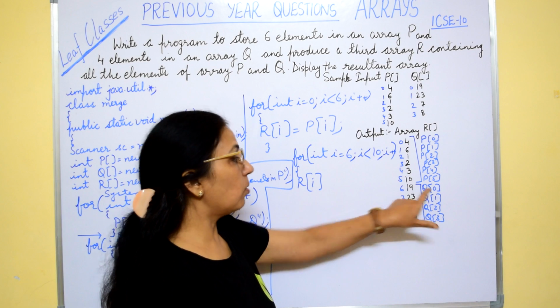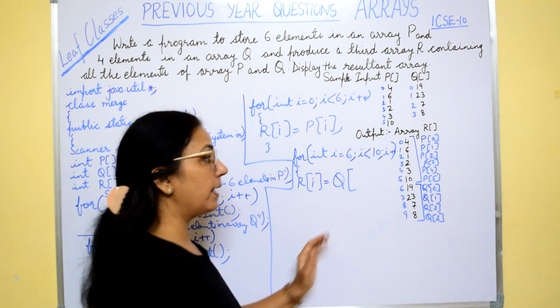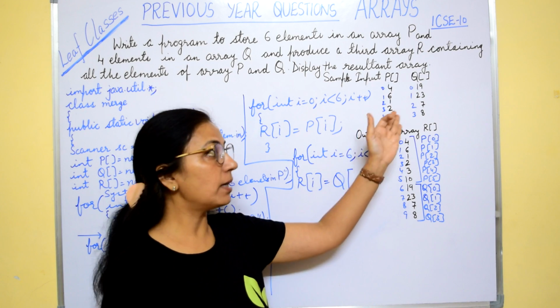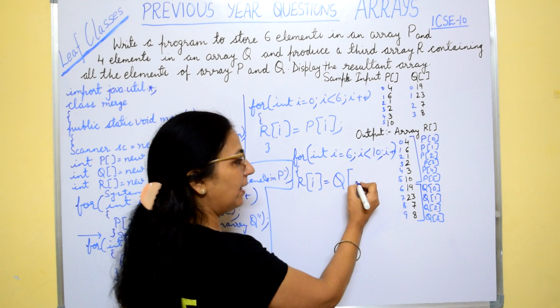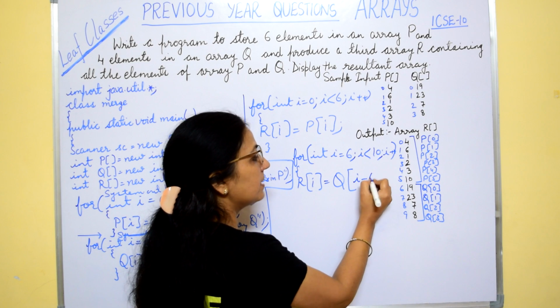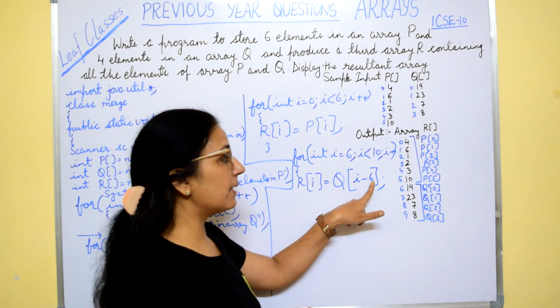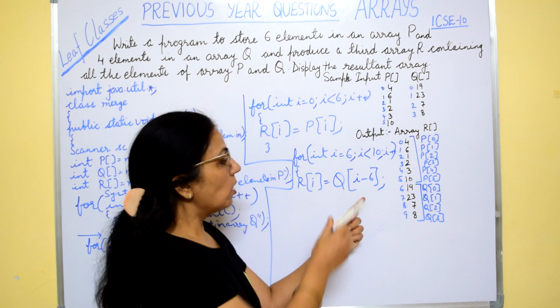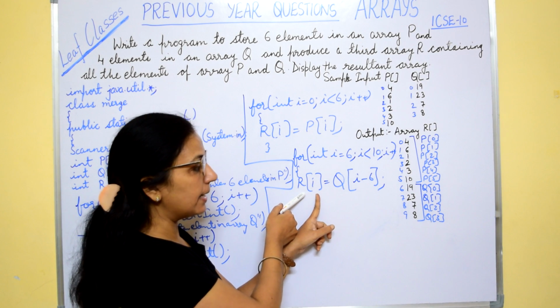Now for Q, we cannot write Q[i] here. If I write Q[i], that means Q6, and there is no such element in array Q. So what we have to do, we will write i minus 6. So the value of i is 6, 6 minus 6 will give you 0. So the value of Q0 will be stored in R6.